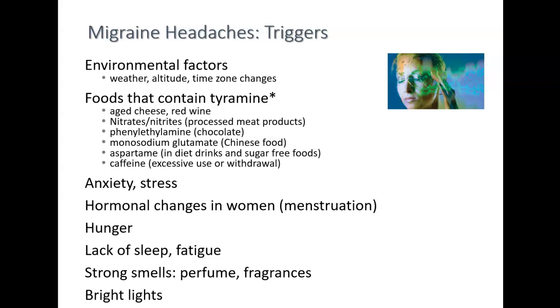Then foods that contain tyramine, and I don't care that you know that these contain tyramine, but look at the things on this list. These are known offenders for migraine headaches: aged cheese, red wine, nitrites, phenylethylamine, monosodium glutamate, aspartame in diet drinks, sugar-free foods, caffeine.